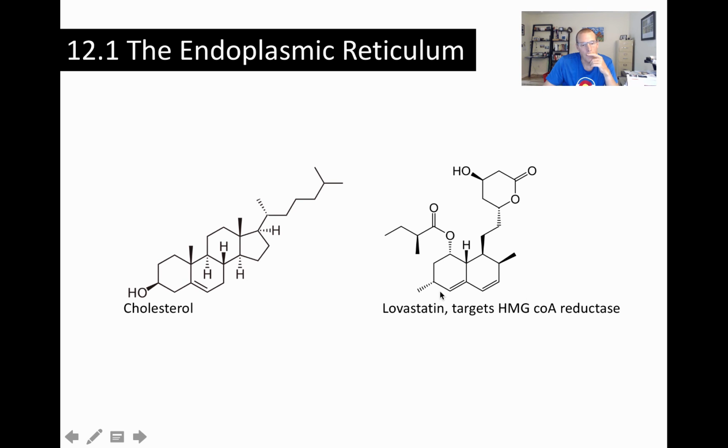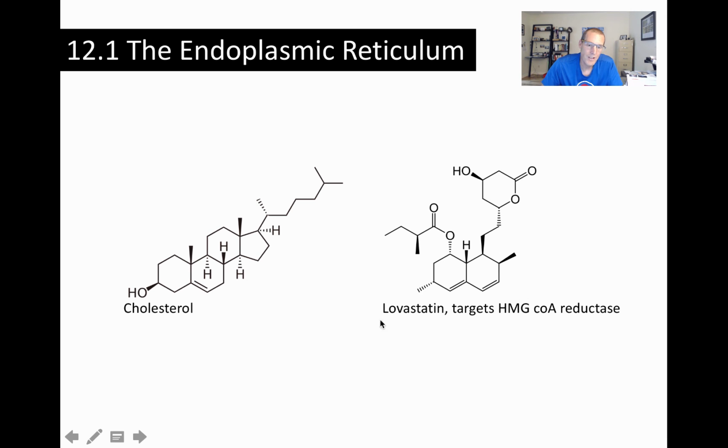And so lovastatin is in the family of drugs which interfere with cholesterol biosynthesis. This one in particular targets the enzyme HMG-CoA reductase. So it's a competitive inhibitor for HMG-CoA.